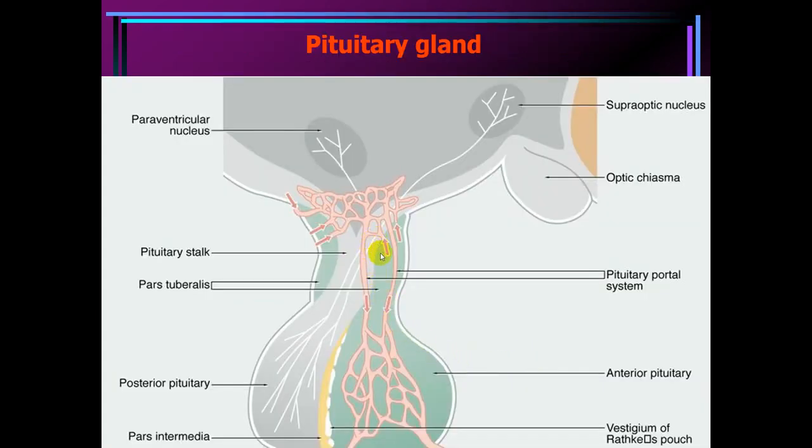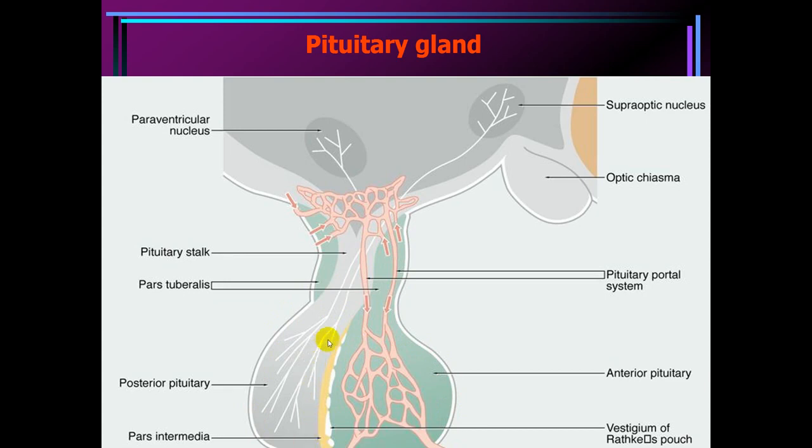Pars distalis, as you see, is the largest portion of the adenohypophysis. Pars intermedia is now yellow, very thin, and pars tuberalis. Hormonally active are pars distalis and pars intermedia.